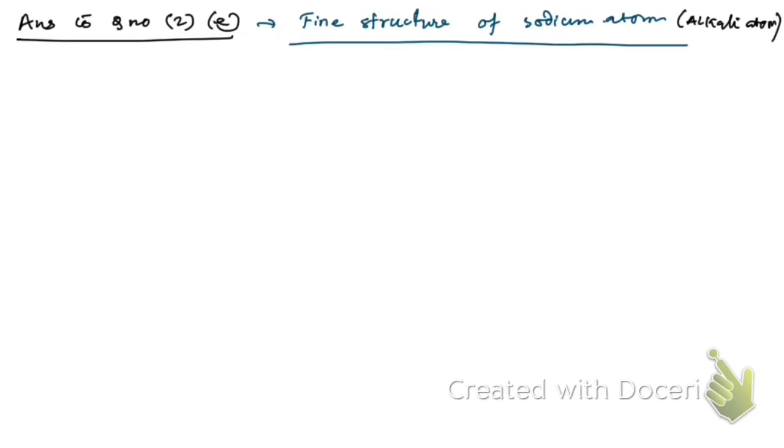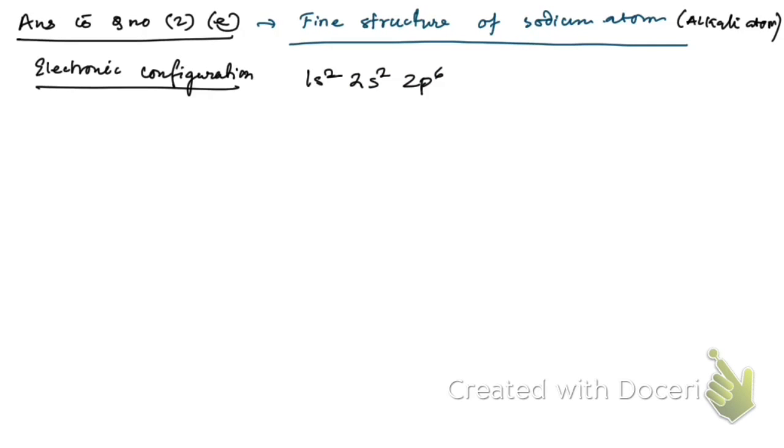So electronic configuration of sodium atom is 1s2, then 2s2, 2p6, then 3s1. Okay, so that means there is one electron in the outermost shell, right?